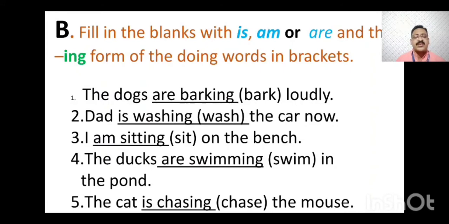Here the cat is singular, so is added to it. And chase, continuous tense is chasing, C-H-A-S-ing, chasing. So the sentence is the cat is chasing the mouse. It is all about part number B, how to use is, am, are and ing with the verb.